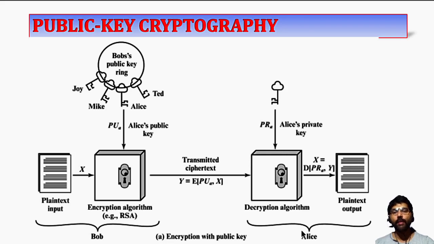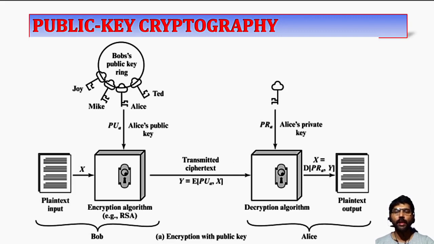Alice already has a private key here, uses that private key and converts it back to plain text. Here this private key is owned only by Alice, so no other person can decrypt the data.